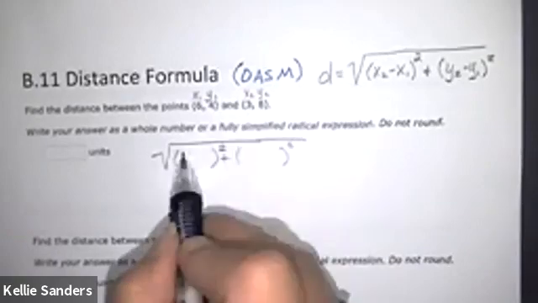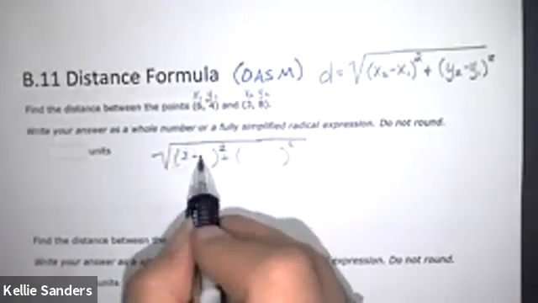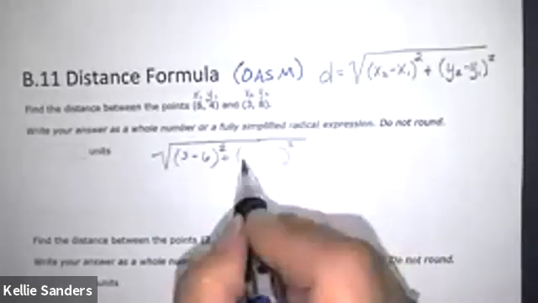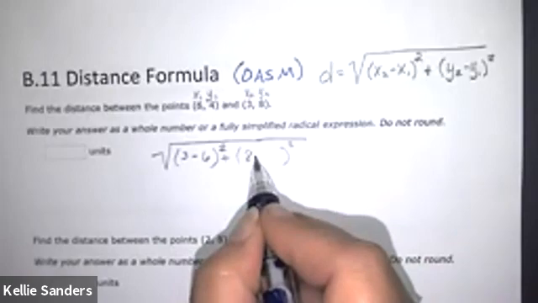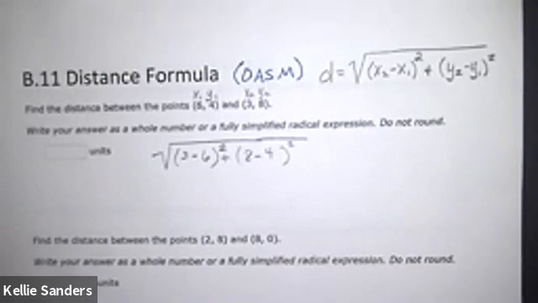X2 is 3 minus x1 is 6. Y2 is 8 minus y1 is 4. If you can write that down like that, you are pretty much on the home stretch of getting this problem right, okay?